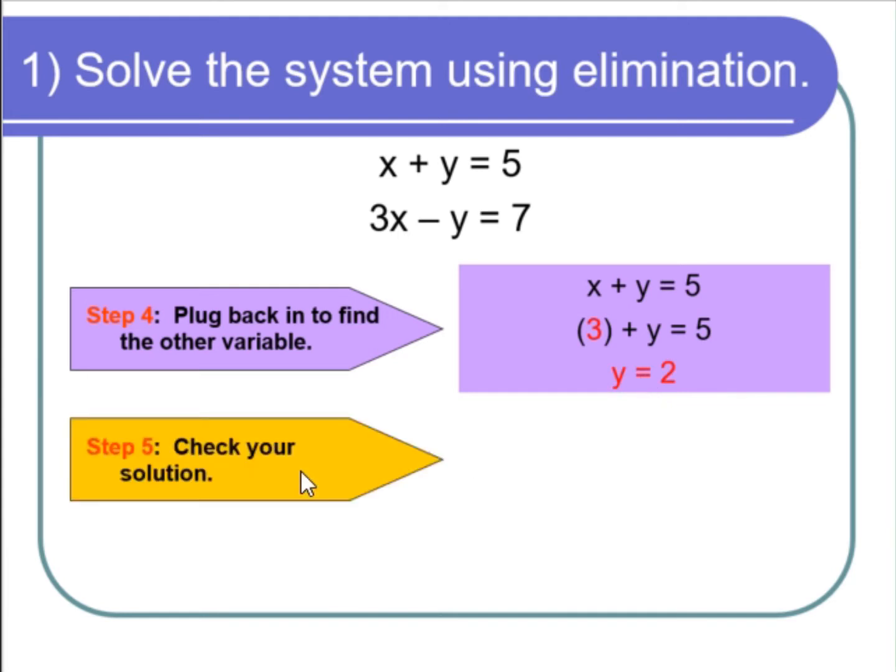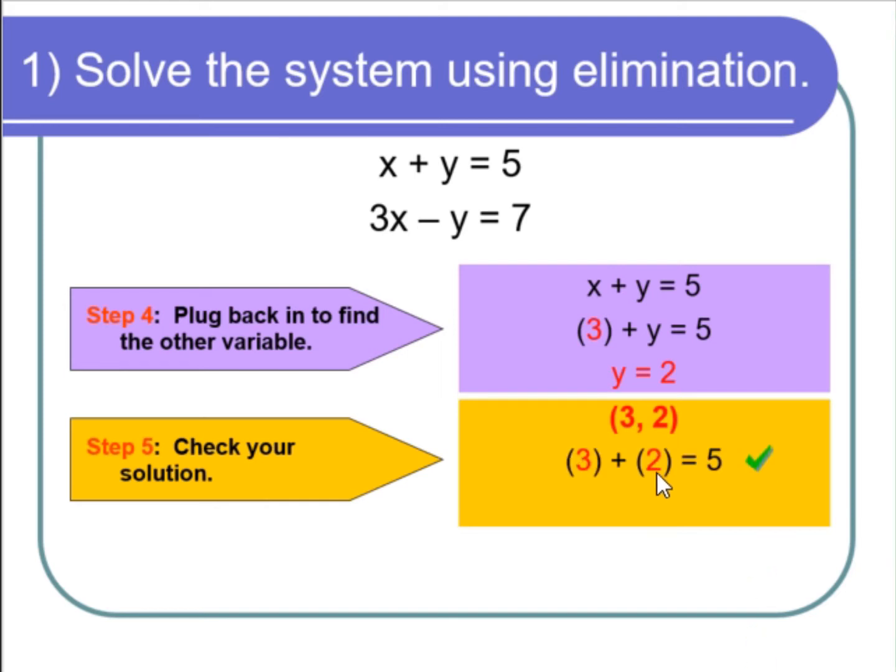Next step is to check whether our solution is correct in equation 1 and equation 2. If x is equal to 3, in equation 1 we'll have 3 plus 2, and that will be equal to 5. For equation 2, x is 3, y is 2, we have 3 times 3 minus 2 should be equal to 7. 3 times 3 is 9, minus 2 is equal to 7.